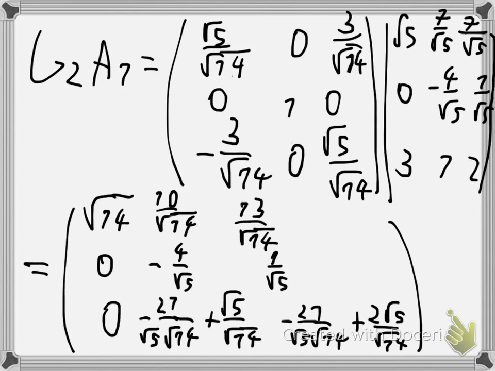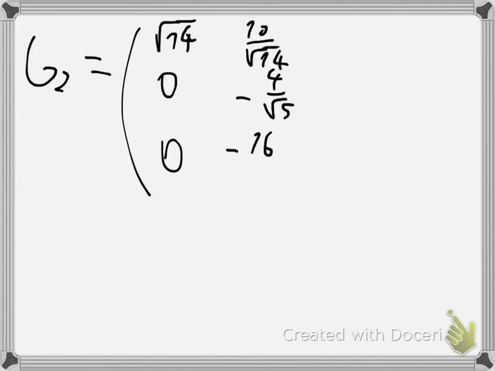And here we can multiply by square root of 5 over square root of 5 on the right, and so we get negative 16 over square root of 5 times square root of 14. Okay?